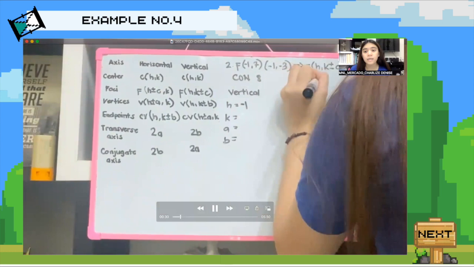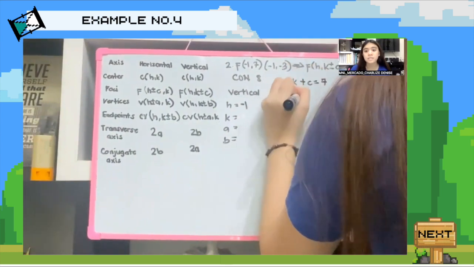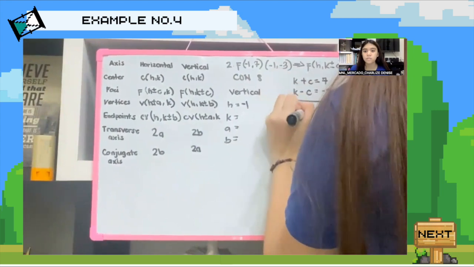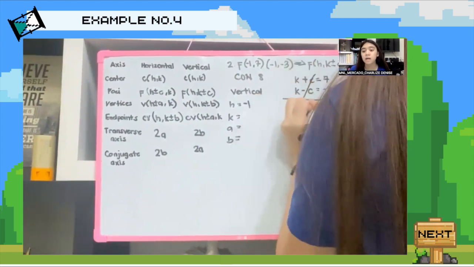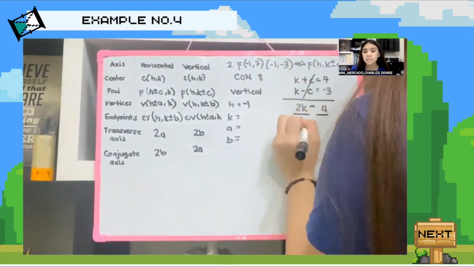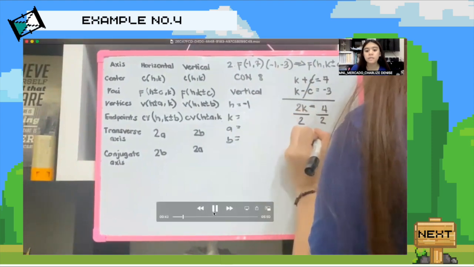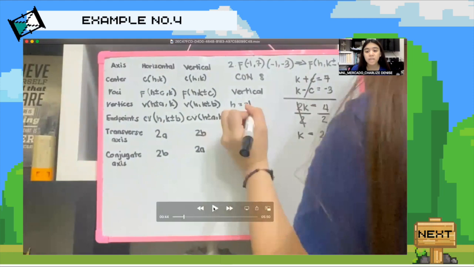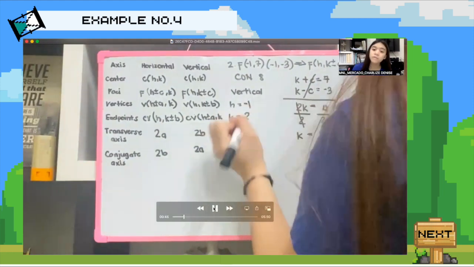So k plus c is equal to 7 and k minus c is equal to -3. We will cancel out positive c and negative c, so 2k is equal to 4, and we divide both sides by 2, so k is equal to 2. So our value of k is 2.